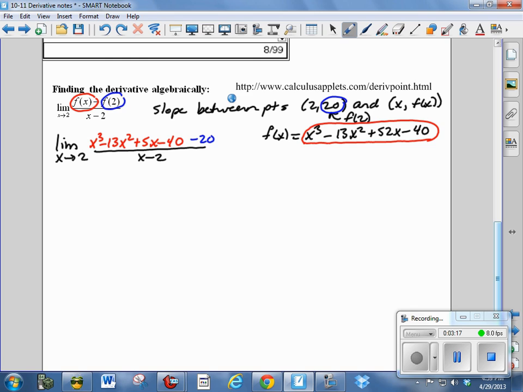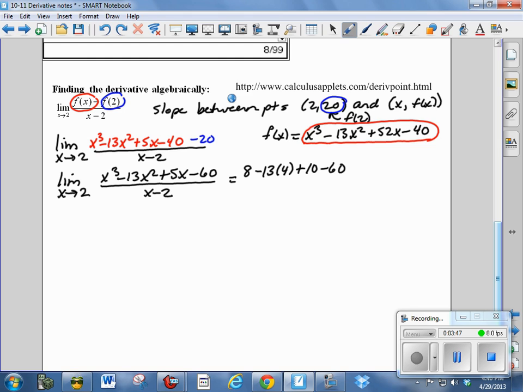And if I combine those two constant terms, I'd have x cubed minus 13x squared plus 5x minus 60 all over x minus 2. Oh, that's supposed to be 52x, not 5x.